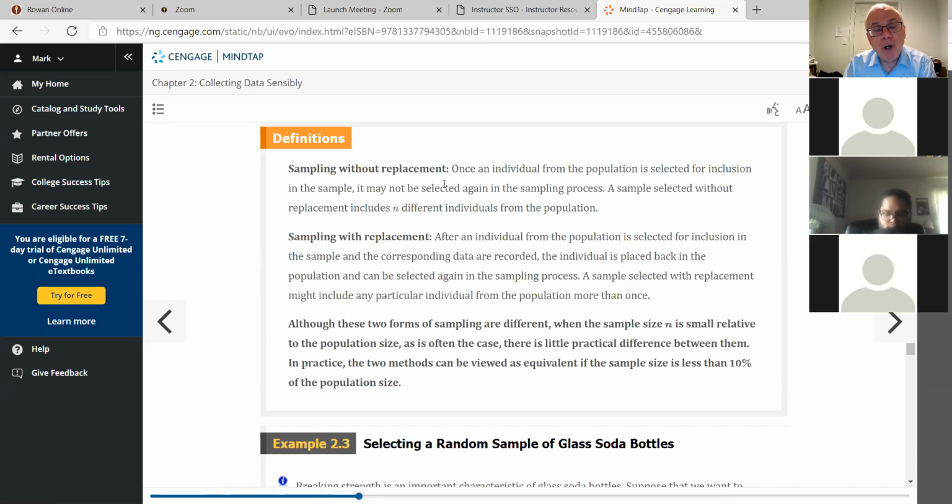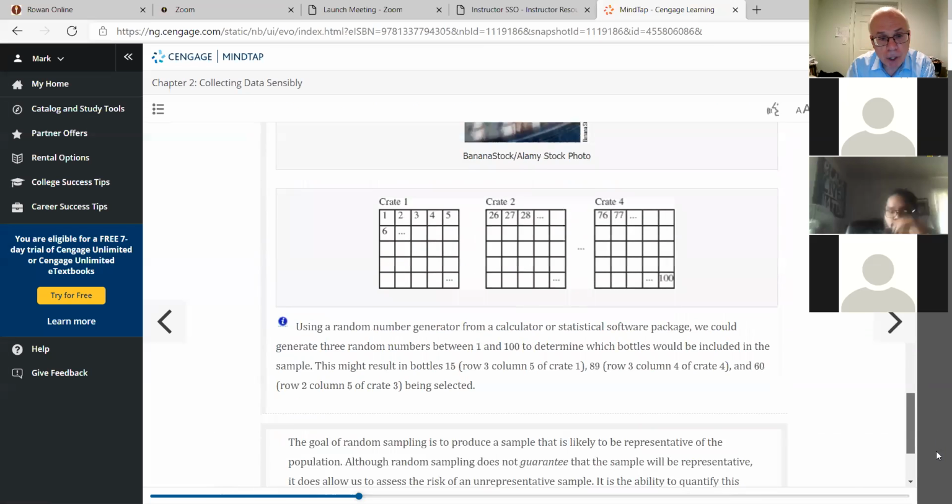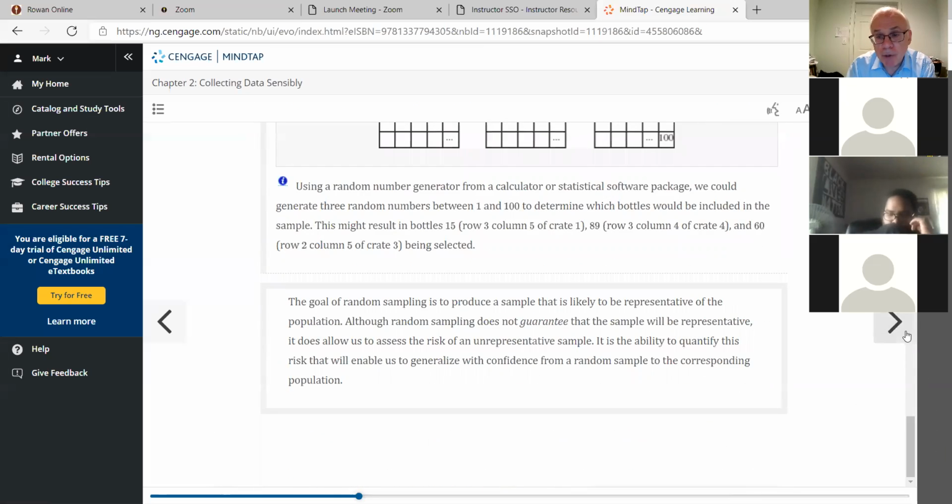However, if your sample size is small relative to the population size, then even if you do sampling without replacement, which is ordinarily what you do when you do surveys, since you don't give a survey to the same person repeatedly, the probabilities are not going to change very much when you remove that person from the population. Probabilities will stay about the same. All right? Just know those definitions and know the difference between those two types of sampling.